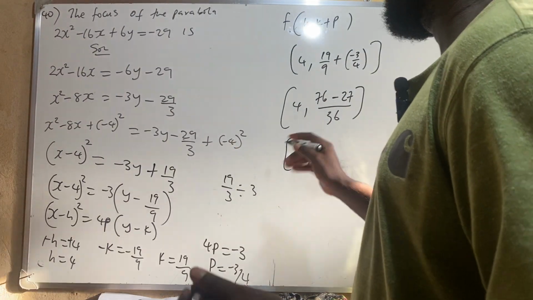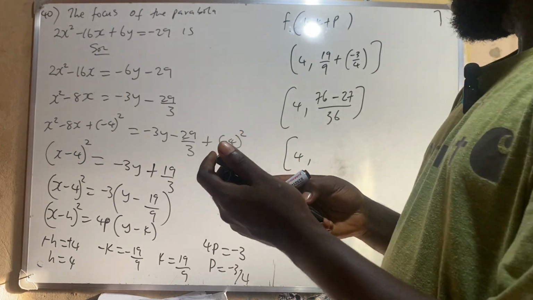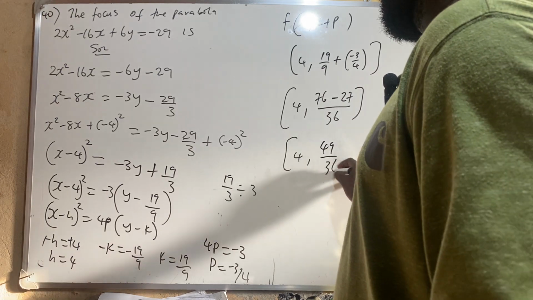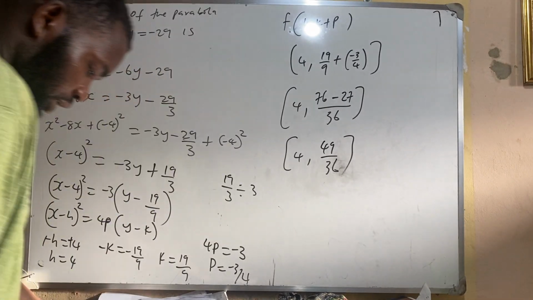So I'm having 4 in bracket of 76 minus 27, 49 over 36. So this is my focus. So check your own option.